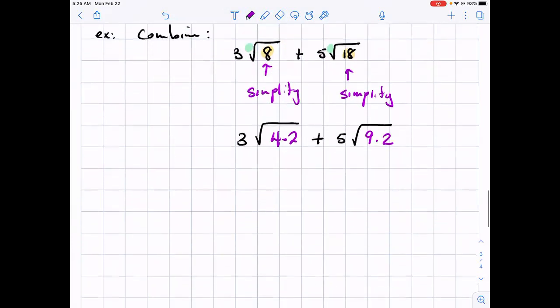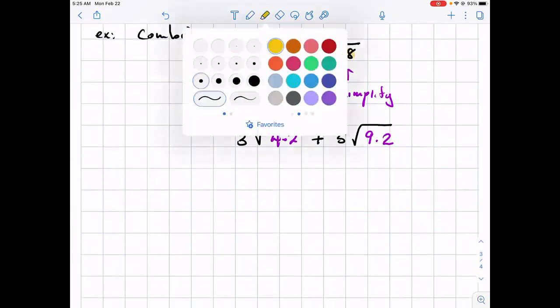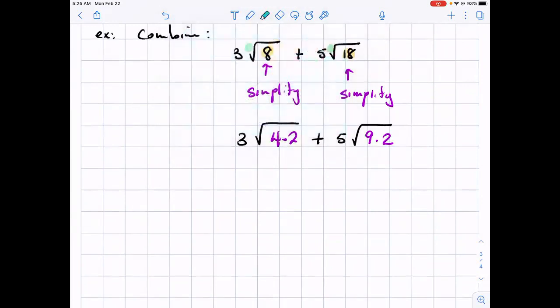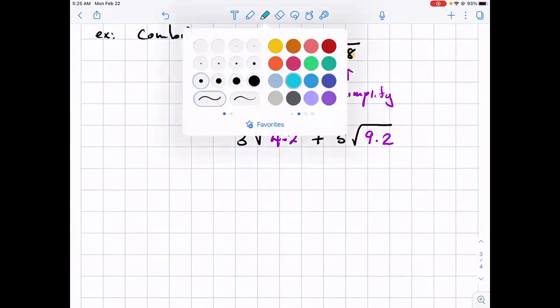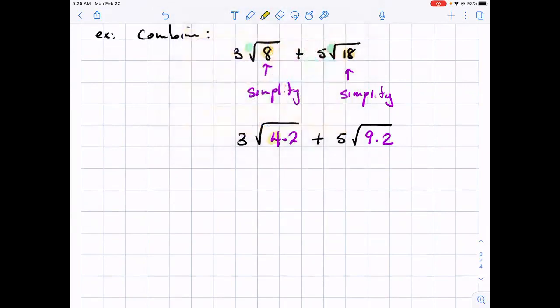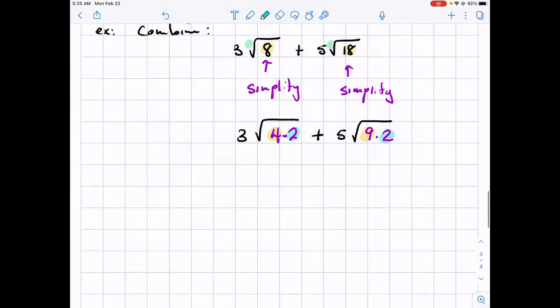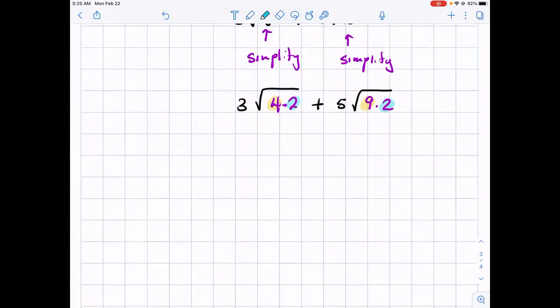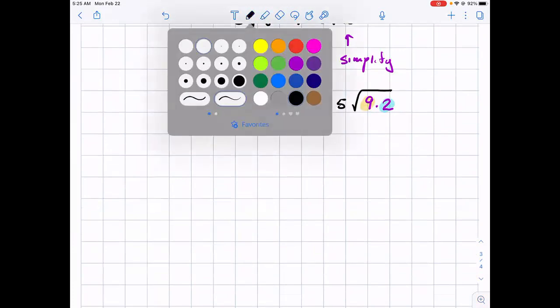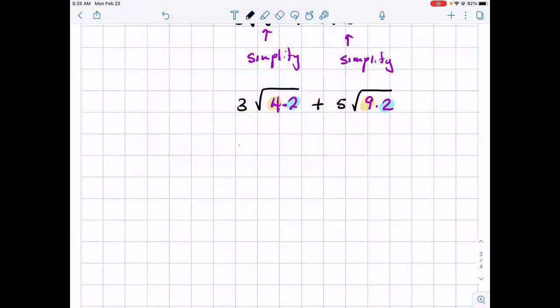So notice that when I choose my factors, something to observe: we know that the 4 will be extracted out because we know the square root. But look at the other factor you have, it is a 2. So they must have that in common. So we have 3, the 4.